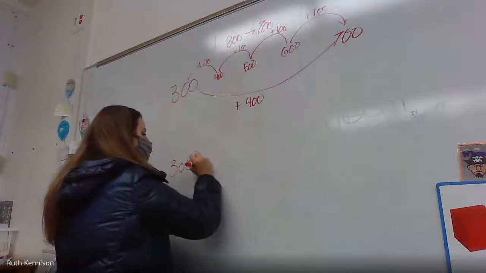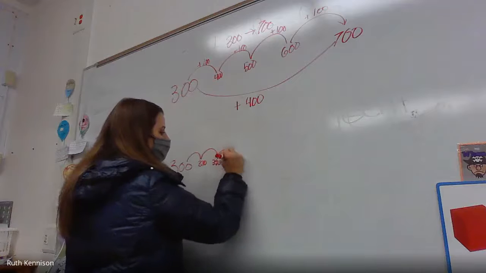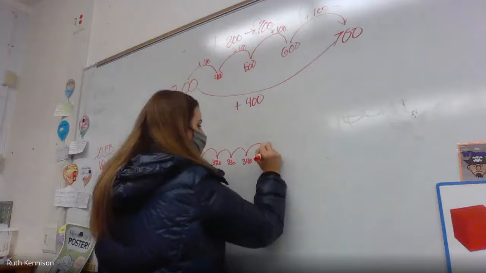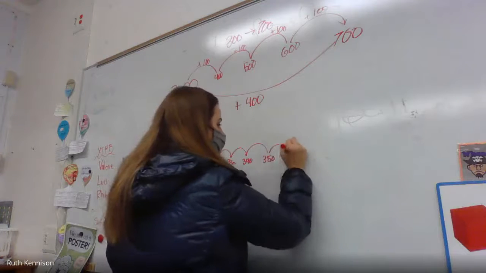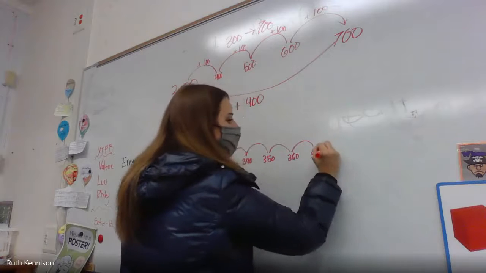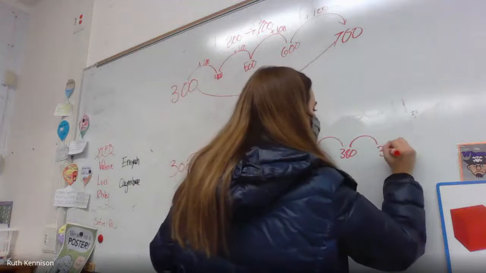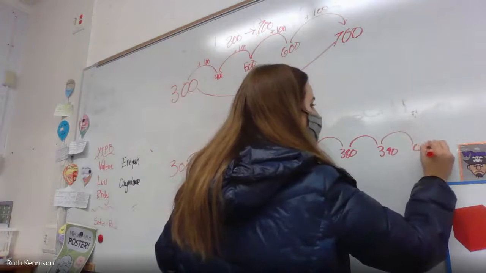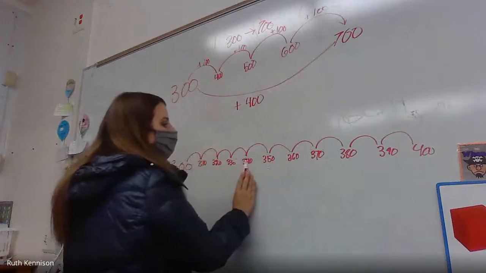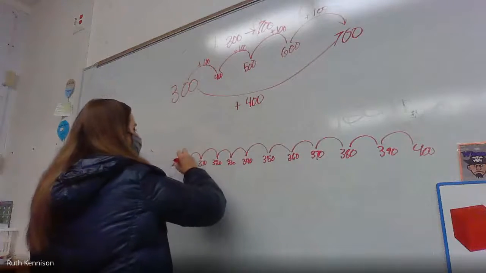We go 300, 310, 320, 330, 340, 350, 360, 370, 380, 390, 400, and now I'm going to count by hundreds. So I counted 1, 2, 3, 4, 5, 6, 7, 8, 9, 10 tens.